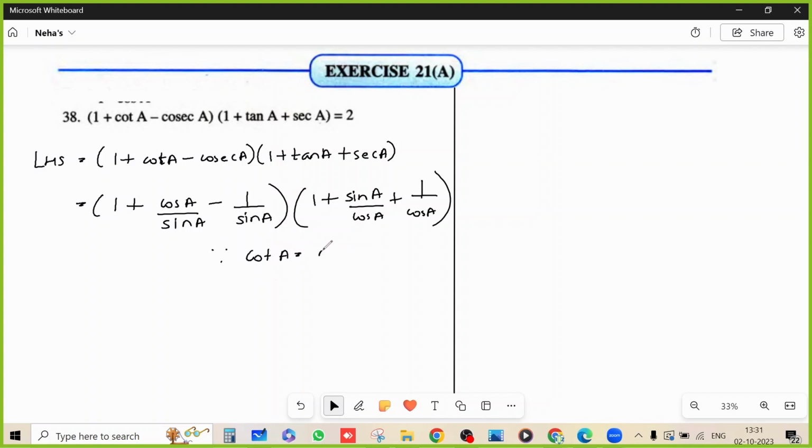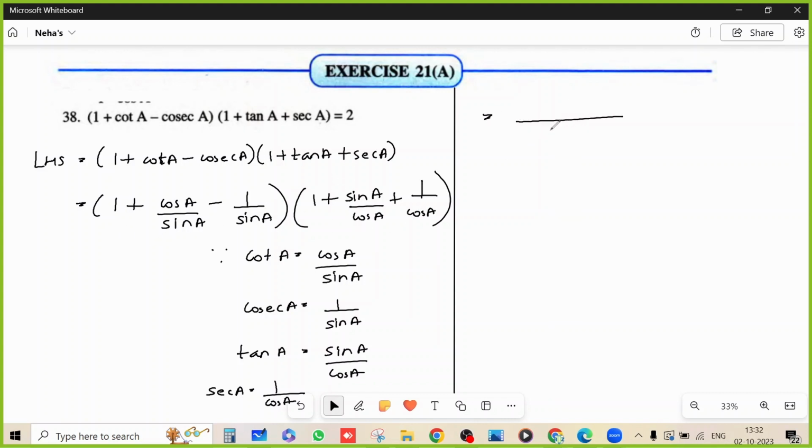that cot A is equal to cos A upon sine A, cosec A is equal to 1 upon sine A, tan A is equal to sine A upon cos A, and sec A is equal to 1 upon cos A. Now we will take the LCM in both the brackets.